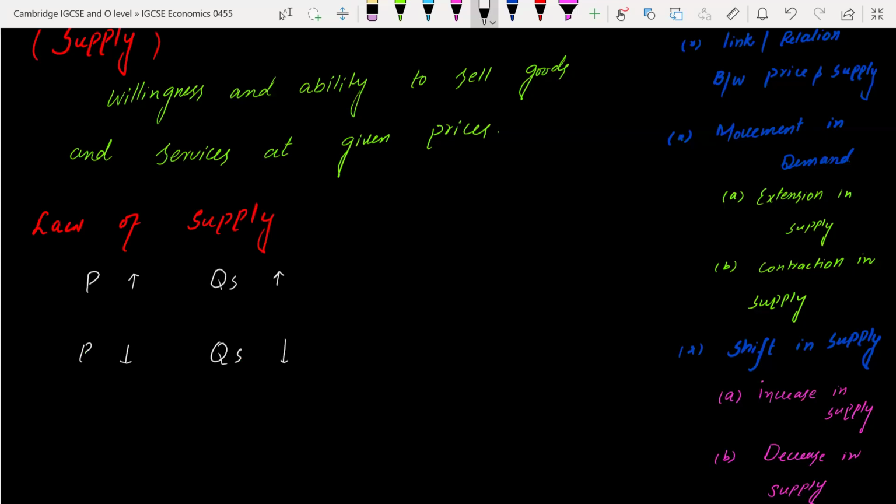The change in quantity supplied is happening due to change in price.